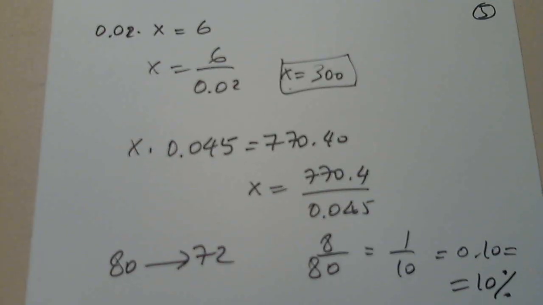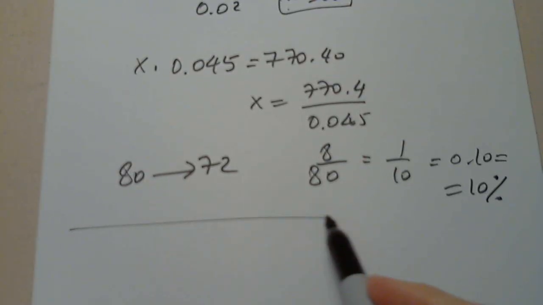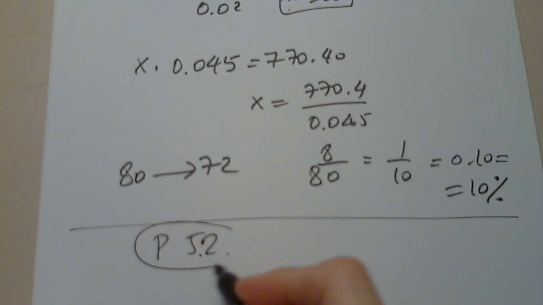I'm happy. The highest was 90-something. So I was very pleased to see that. Okay, anything else before we go back to practice 5.2 to see any different problems that we can look at?